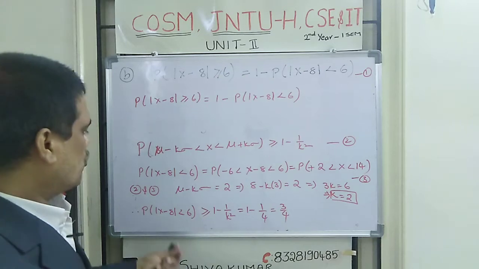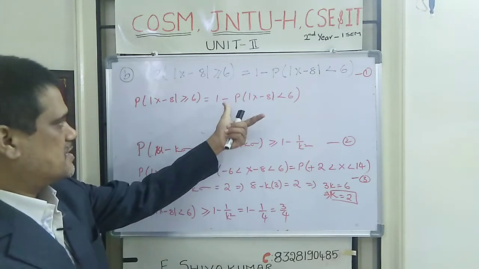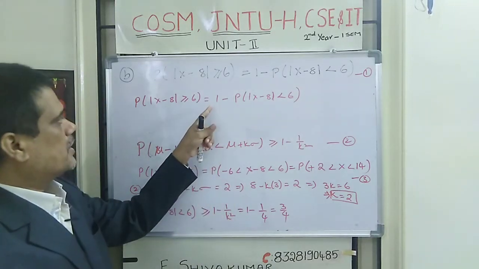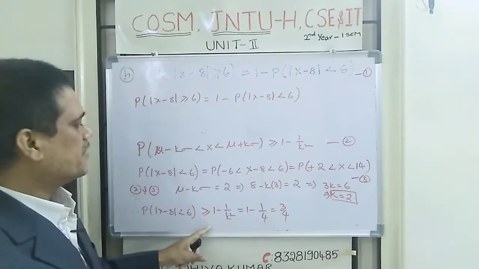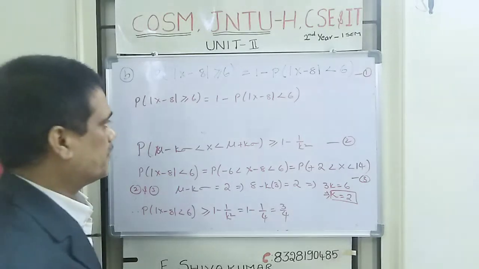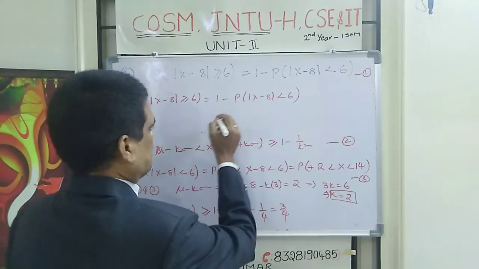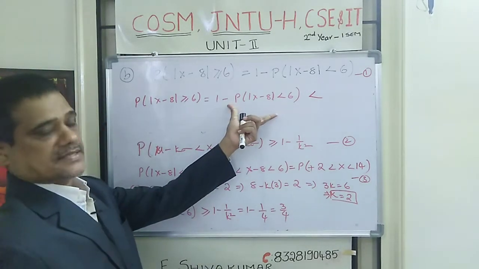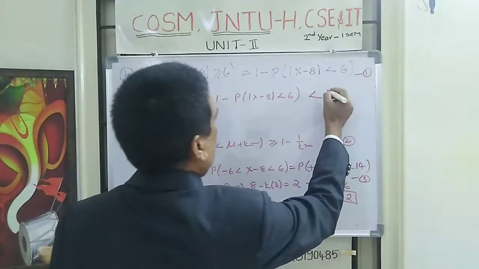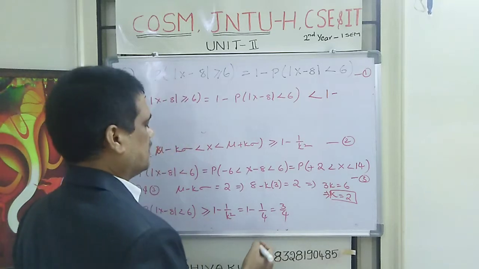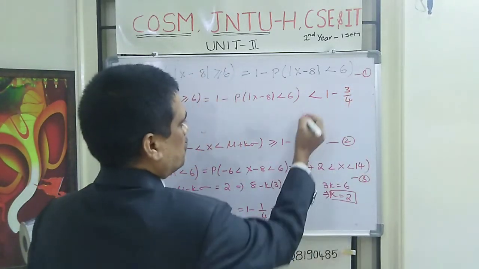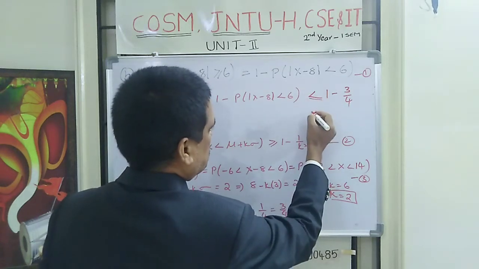Okay. Because of this minus, the greater than symbol will become less than. So I can write less than, because of this minus, 1 minus 3 by 4. Or you can put equal to also.